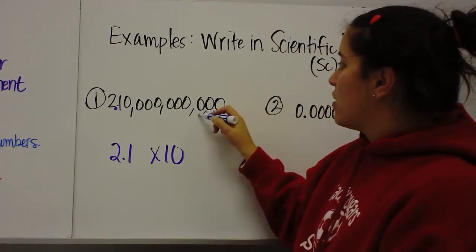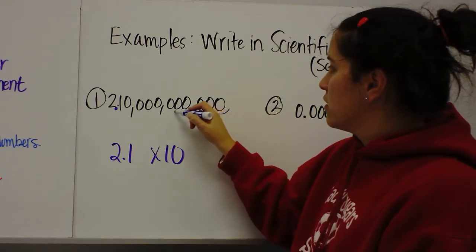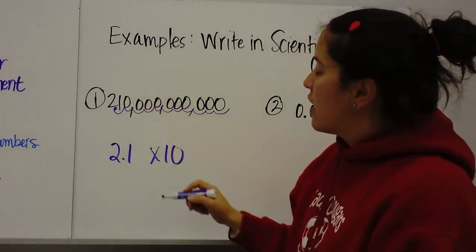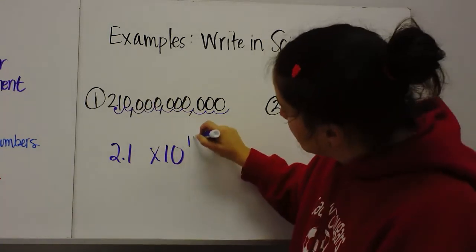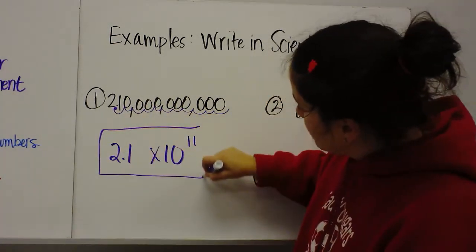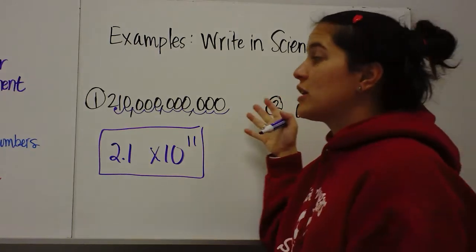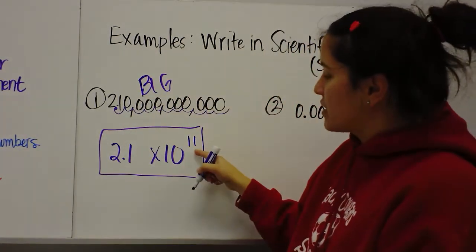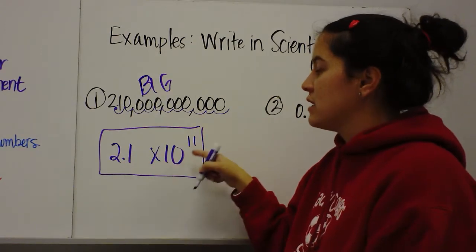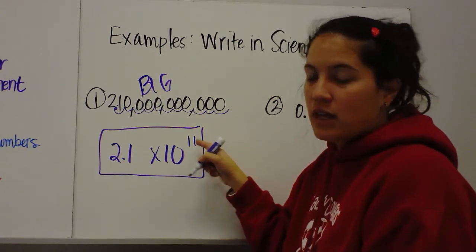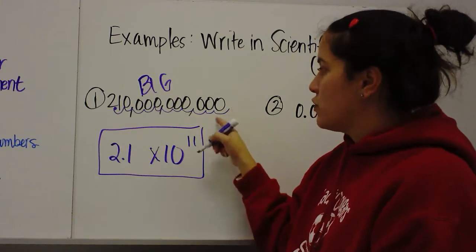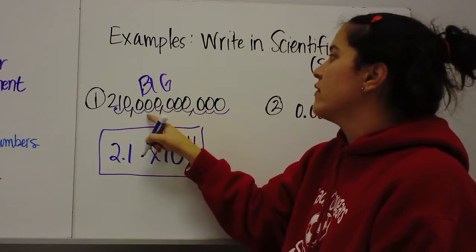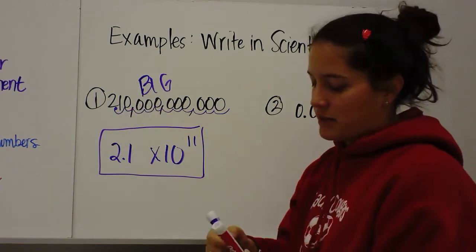So count 3, 6, 9, and then 10, 11. And again, this was a really, really big number, so it's a positive exponent. 2.1 times 10 to the 11th power. 2.1, and then I moved it 11 times. 1, 2, 3, 4, 5, 6, 7, 8, 9, 10, 11 times.